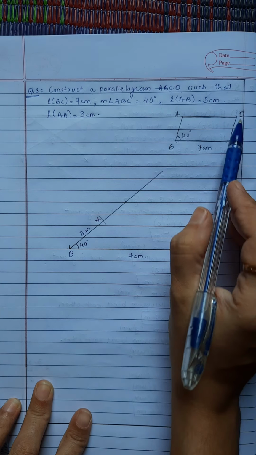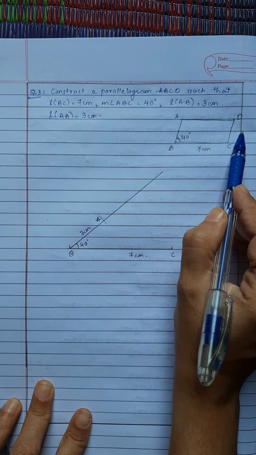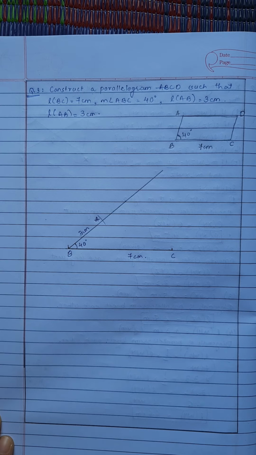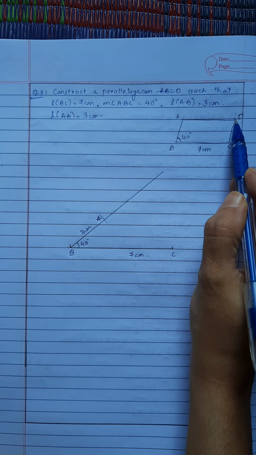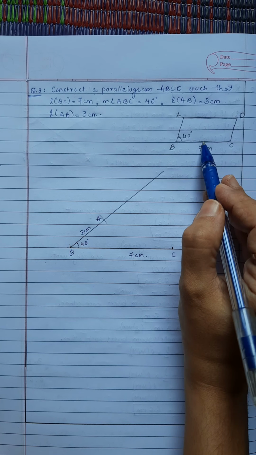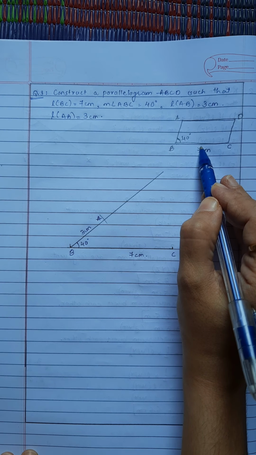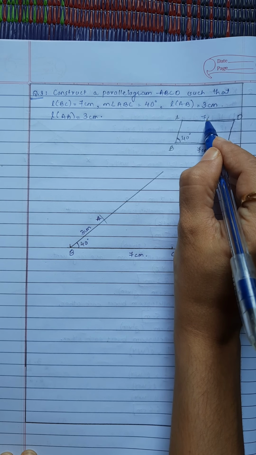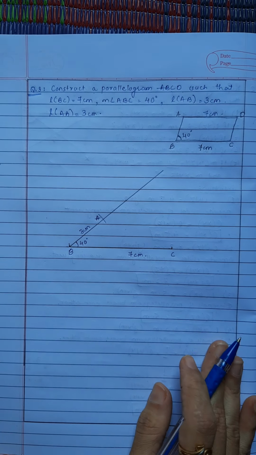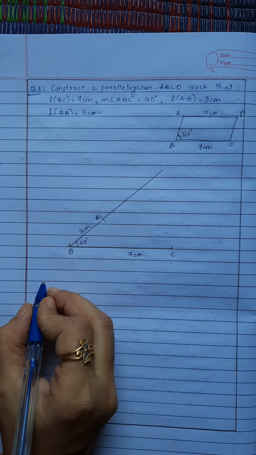Now the question comes to get the point D. To get point D, we can use the sides property of parallelogram, that the opposite sides of a parallelogram are of equal measurement. So if BC is 7 centimeters, AD can also be 7 centimeters. But we do have to write the analysis here.